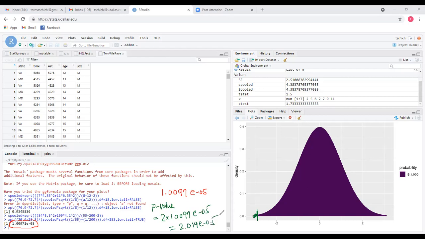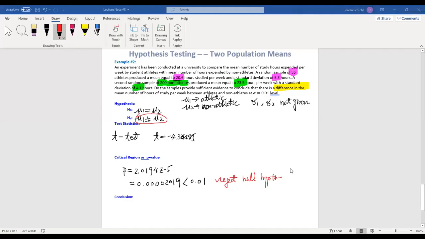So we get the same p-value, right? So remember the p-value here: if it's a two-tail test, you need to times 2. If you use the TI-84 calculator, you don't have to because it's already programmed in there. Okay, so that's the only thing you need to remember when you use R.